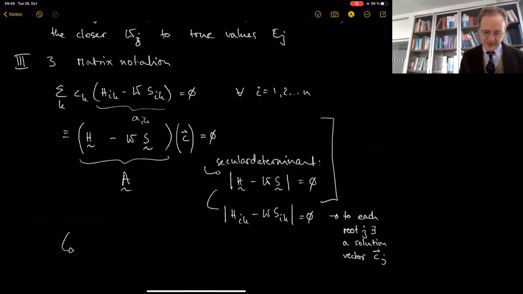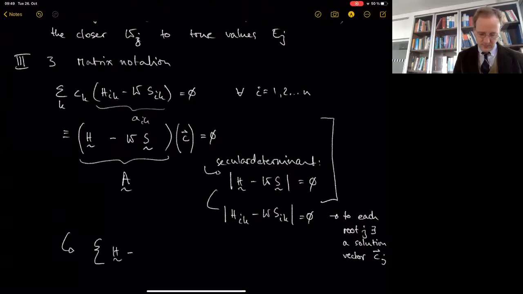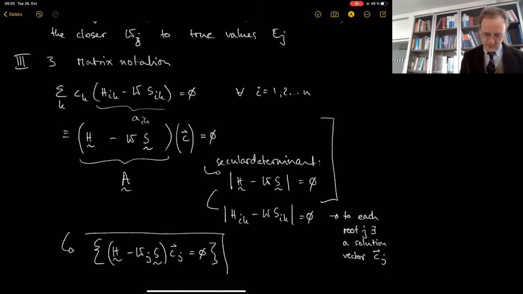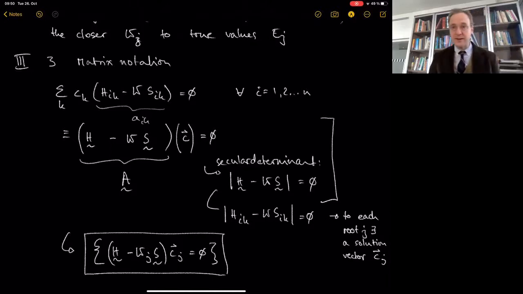So in other words, we have that's it, right? The set, the n equations like this have solved your entire quantum problem.